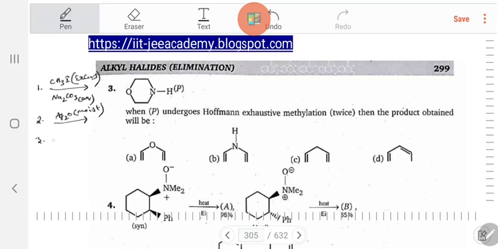In step 3, heating. So this is Hofmann exhaustive methylation. Now, when this is allowed to react with excess of methyl iodide, the product obtained is... So if we go for step 1, that means excess of methyl iodide with sodium carbonate, then the product will be nitrogen.